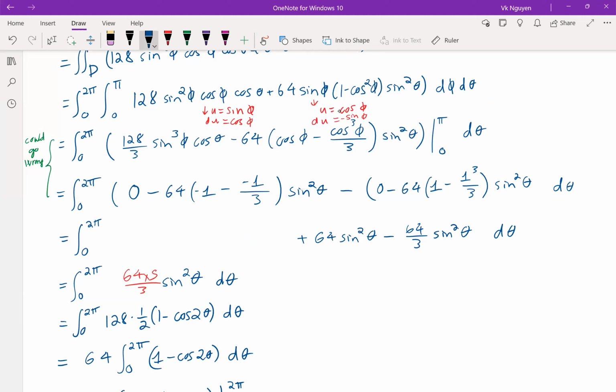Yes, plus, so negative 2 over 3, so it's gonna be 64 times 2 over 3 sine squared theta.